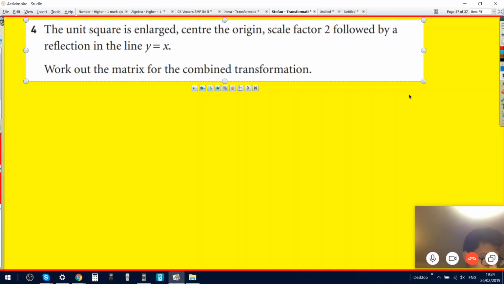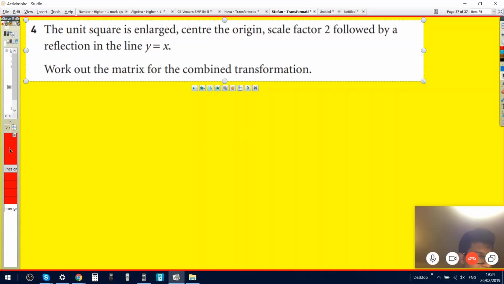So I'll draw the unit square again, and if it's enlarged by scale factor 2, that just means all the coordinates are, so you've got the O and then A would just be twice as far away now.